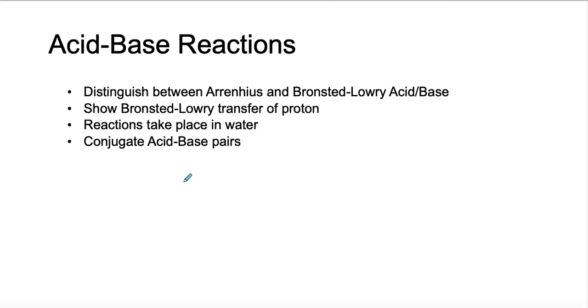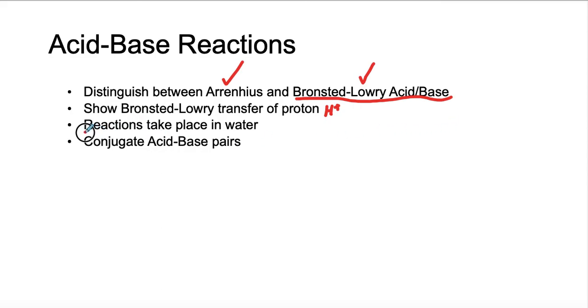So, specifics about acids and bases that you should know. You should be able to distinguish between Arrhenius and Bronsted-Lowry acids and bases. Bronsted-Lowry is the one that's most important. Bronsted-Lowry is a transfer of a proton. Remember that a proton is a hydrogen ion. So one thing is going to lose the proton, that's your acid. One thing is going to gain the proton, that's your base.